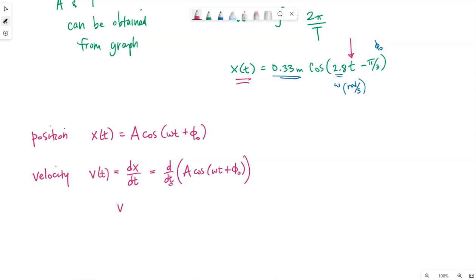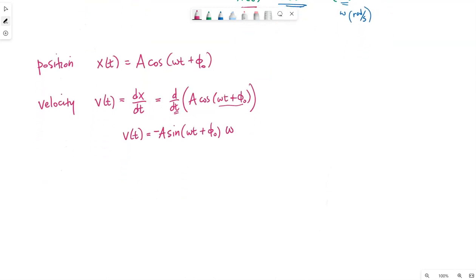So when I take this derivative, the derivative of cosine is negative sine, so I'll have sine of all this stuff. But then chain rule, I have to take the derivative of what's inside the cosine term with respect to time. So the derivative of this inside stuff is just going to be omega.